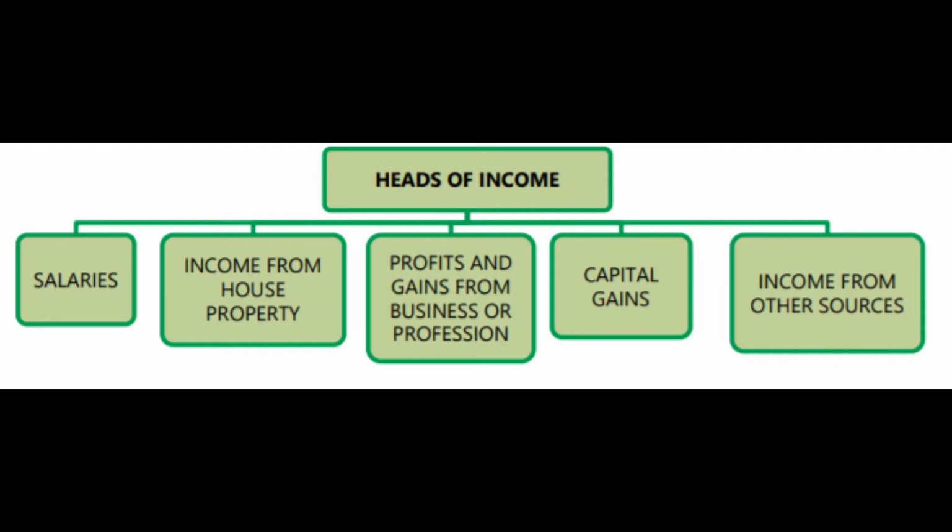Or people can do something on their own as a business, or the companies, partnership firms and other types of organizations will do business, or some of them may carry on their professions like chartered accountants, doctors, lawyers, architects, film actors. So business or profession is one of the major sources of income for different kinds of people.